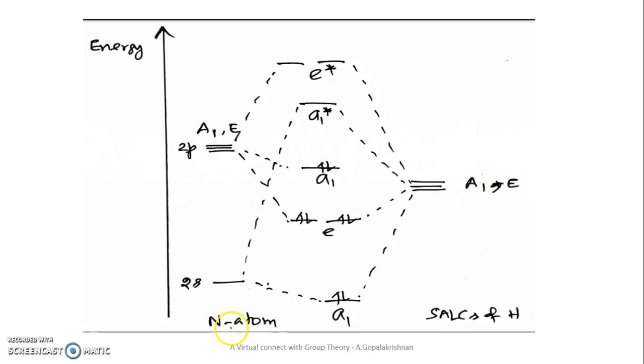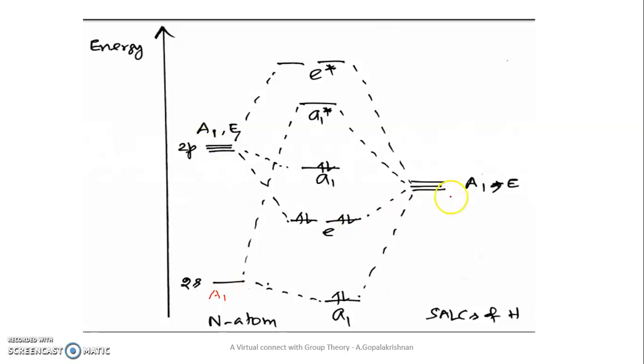Then for nitrogen atom we have 2s and three 2p orbitals. 2s orbital belongs to A1 symmetry, whereas the pz orbital belongs to A1 and px and py belong to E. Now we should identify matching symmetry. For the A1 group orbital, we have 2s having A1 symmetry and pz having A1 symmetry.